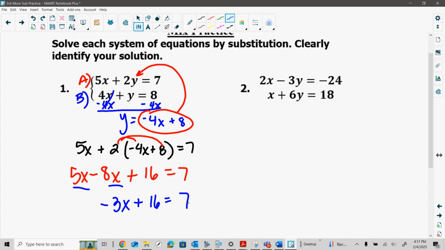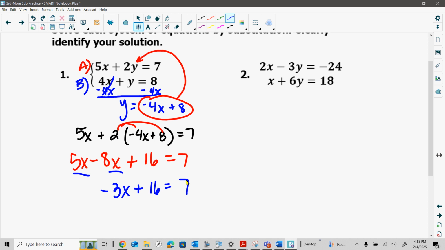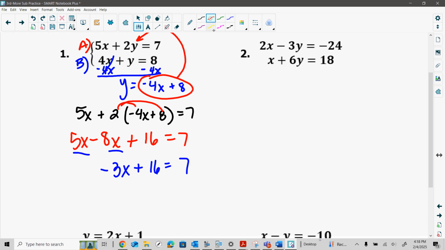Once you get the x, you need to plug it in for y. So the answer for this is an ordered pair. The x comes out to be 3, and your y should be a negative 4 when you plug it back in.